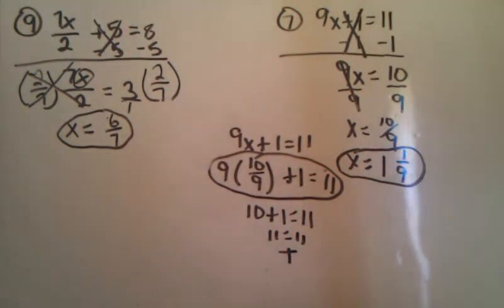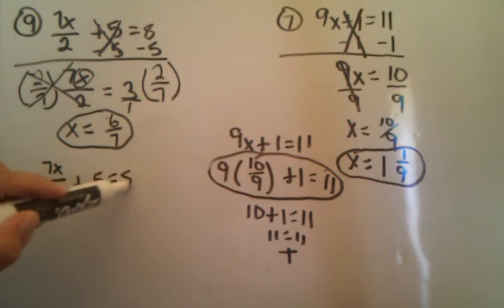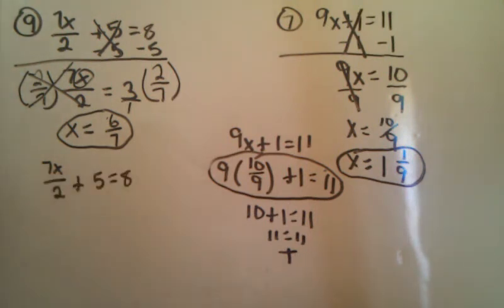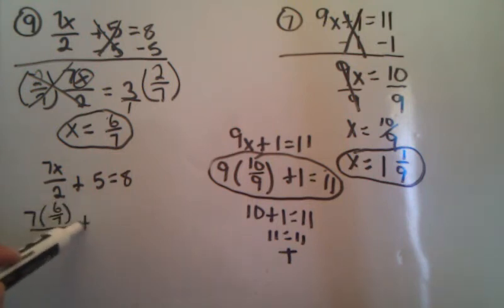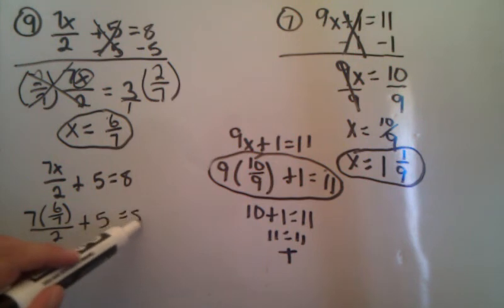Okay, now it said to check it, so let's go back and check it. We have 7x over 2 plus 5 equals 8. Alright, so we have 7 times 6 over 7 divided by 2 plus 5 equals 8.